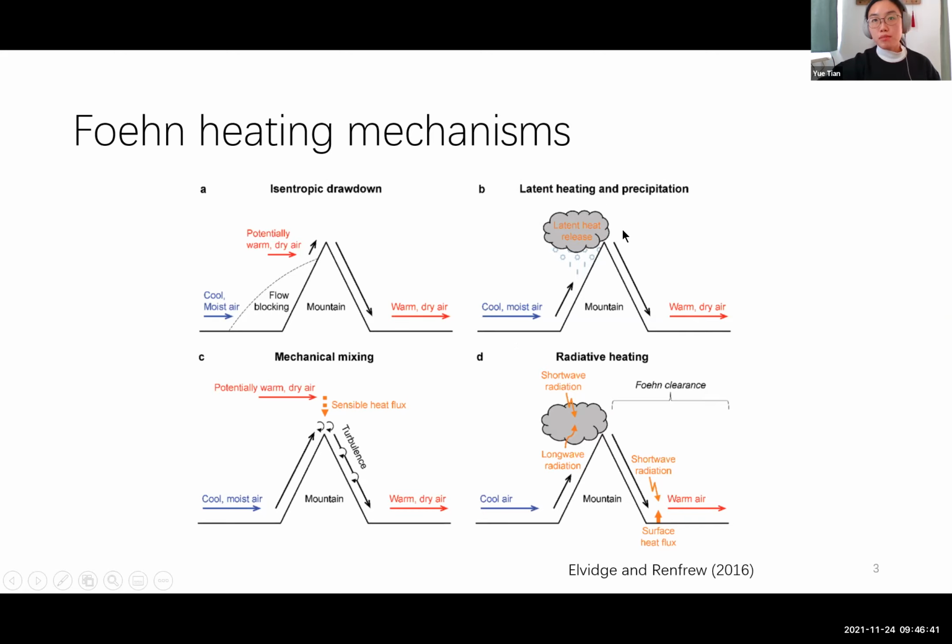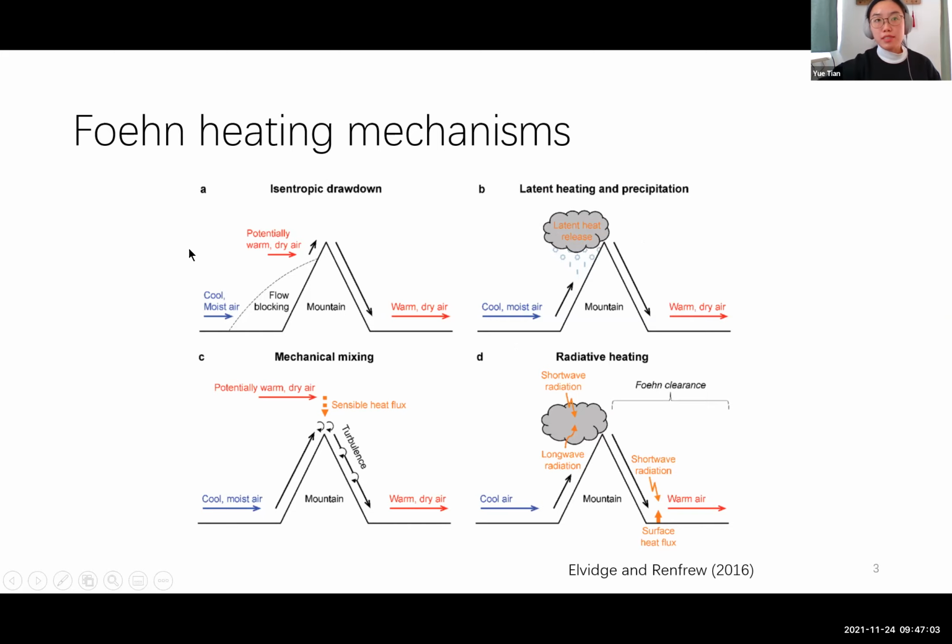And after it crossed the mountain, normally here we have a foehn wall. So you see that the cloud stops right here on the mountaintop. And then after it crossed the mountain, it descends again with dry adiabatic subsidence. And another type is mechanical mixing.